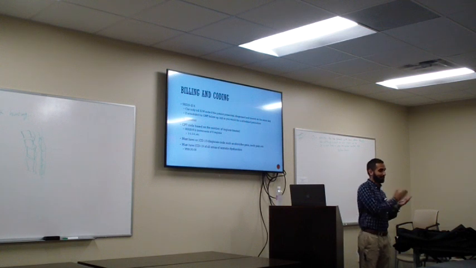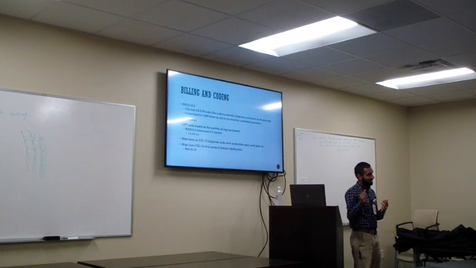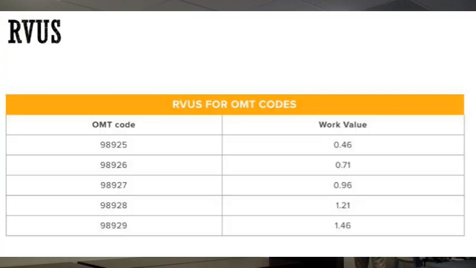The CPT codes, 98925 to 98929, are based off the number of regions you've treated. They start from 1 to 2 regions, 3 to 4 regions, 5 to 6 regions, 7 to 8 regions, 9 to 10 regions. Rarely are you going to bill for 9 to 10 regions. Almost never, and especially with you guys.